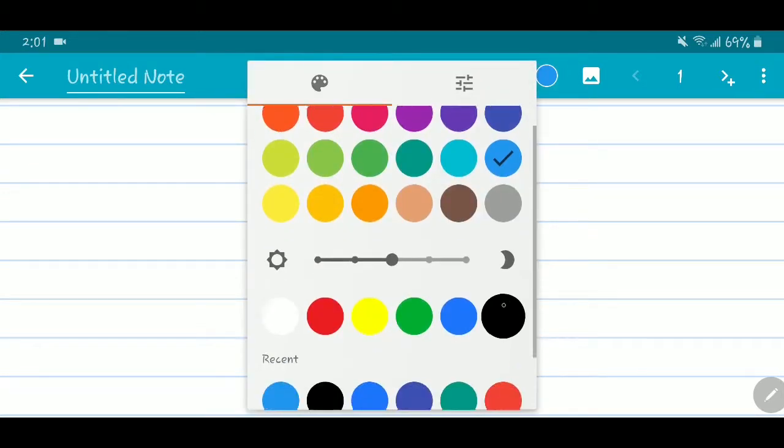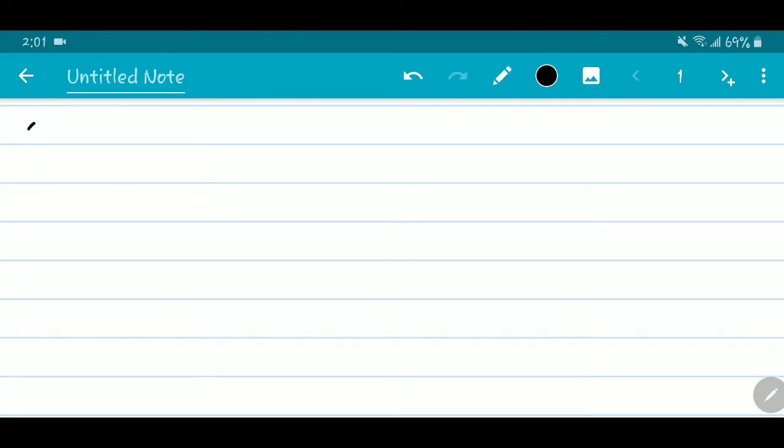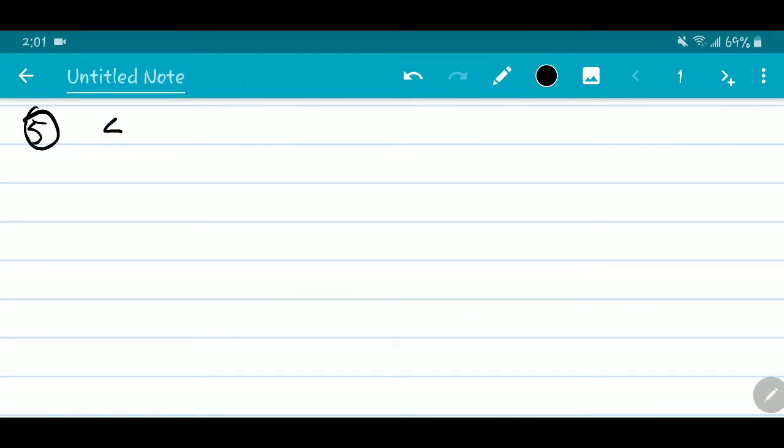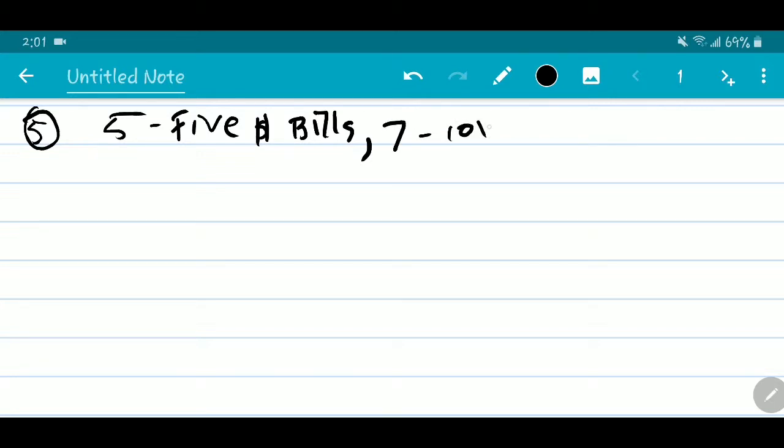Alright, let's go ahead and move on to number 5. We're halfway through almost. And the question is saying that there are 5 $5 bills, 7 $10 bills, 8 $20 bills, and that's it.